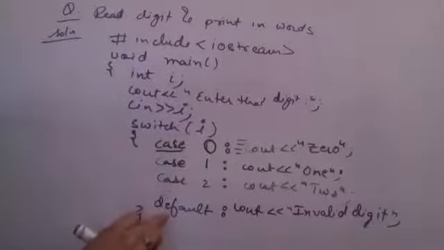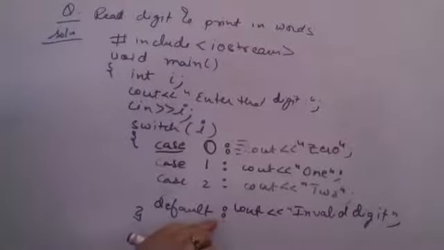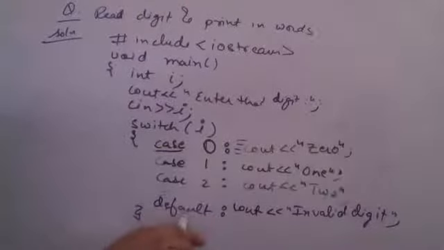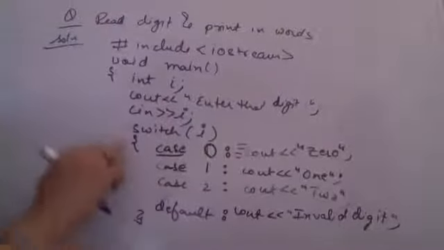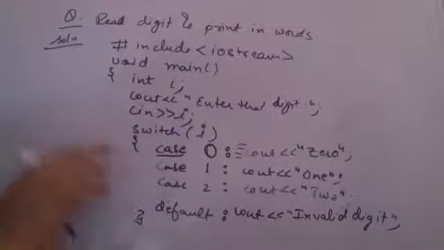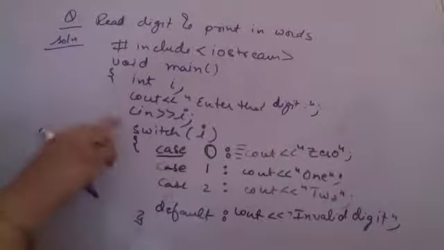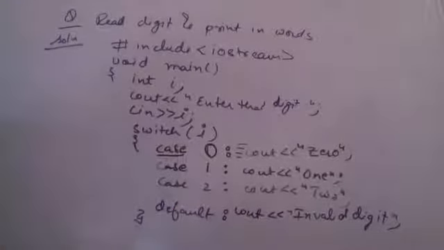Default is again a keyword, followed by a colon. It is not necessary to mention a default case in the switch. You might or might not mention it; it is completely up to you. In case no case is matched, switch searches for a default case and executes the statements within the default.